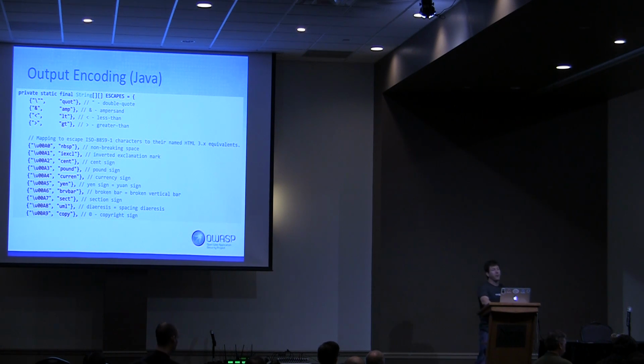And this actually solves the problem, because no matter what kind of weird stuff you send in and store in the database or reflect through a parameter, when it goes through the server side, we're going to encode that as appropriate, so the receiving browser treats it as data to be displayed, not as instructions to be processed. Any questions about that? Kind of the difference between input validation, which is great, and output encoding, which ultimately solves your problem.